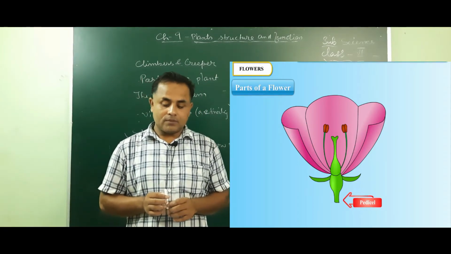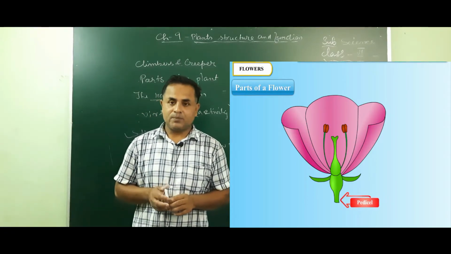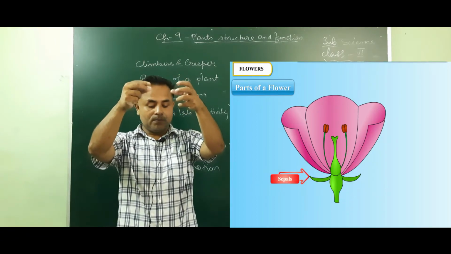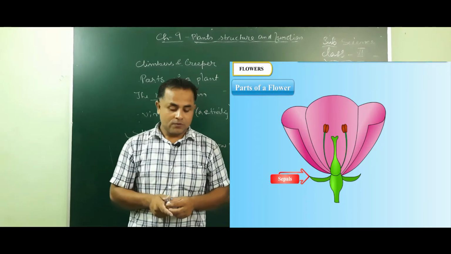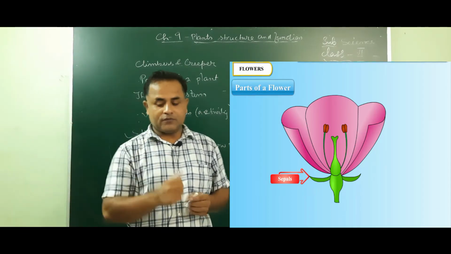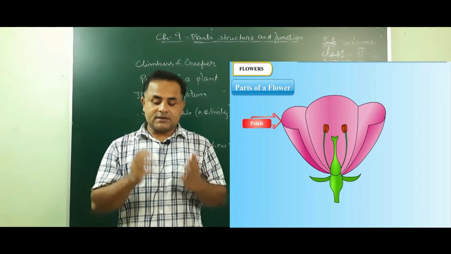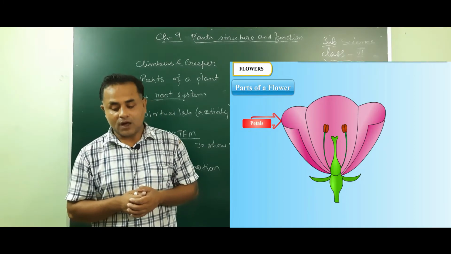Now, we will see what is a stamen. Inner to the petals are the stamens. Petals are the part of the flower which are usually most colorful. The stamens are the male part of the flower.